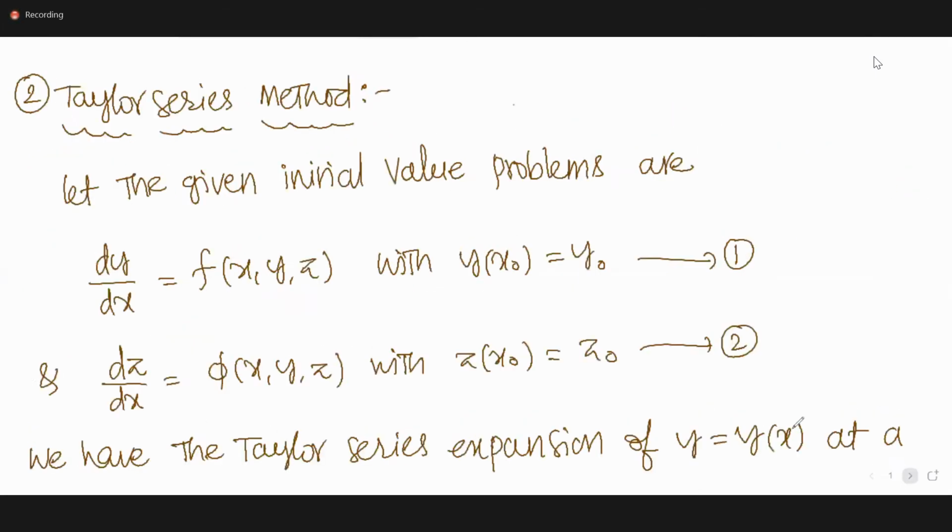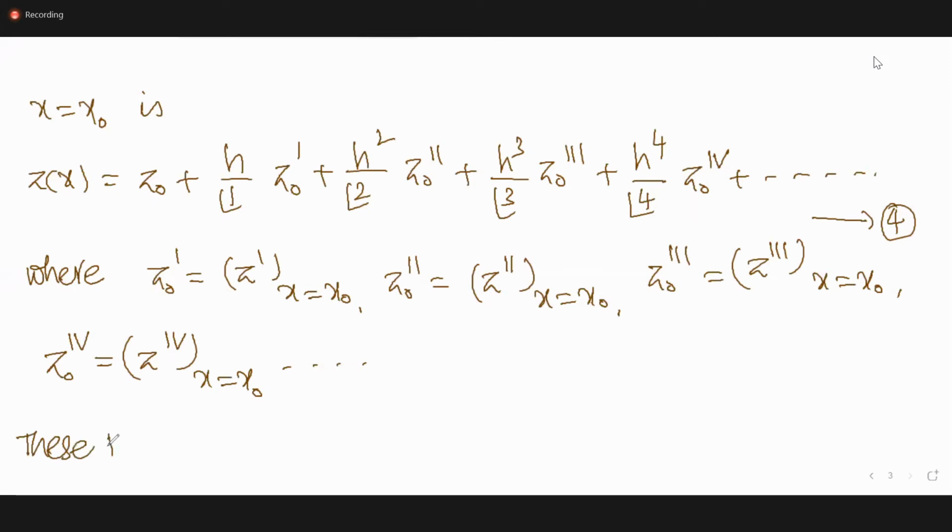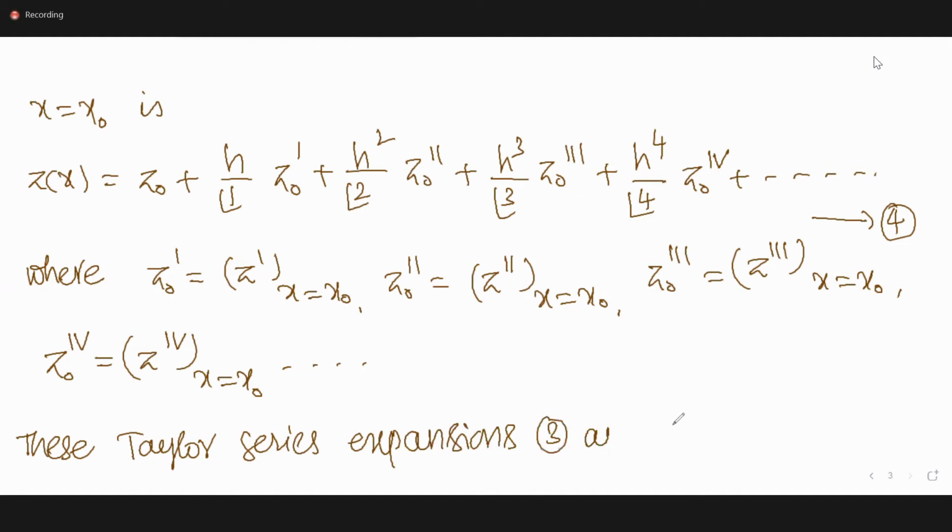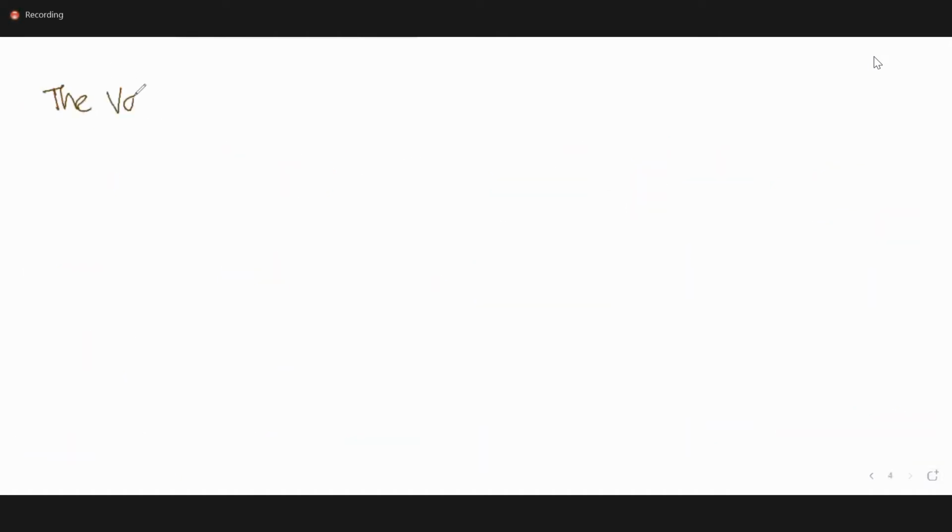So these two Taylor series expansions, 3 and 4, are representing the values of y1, that is y of x1, and z1, that is z of x1.